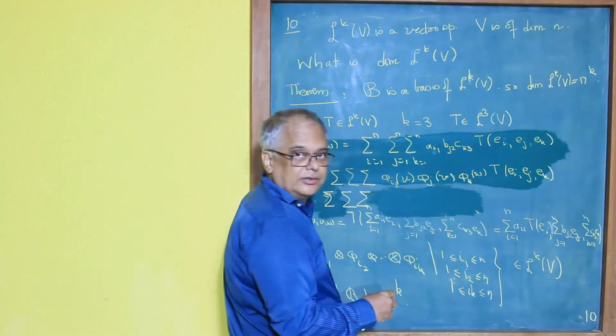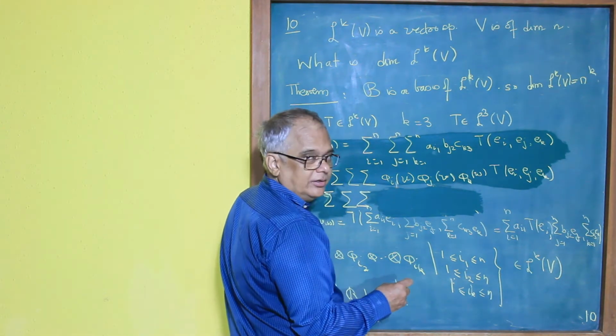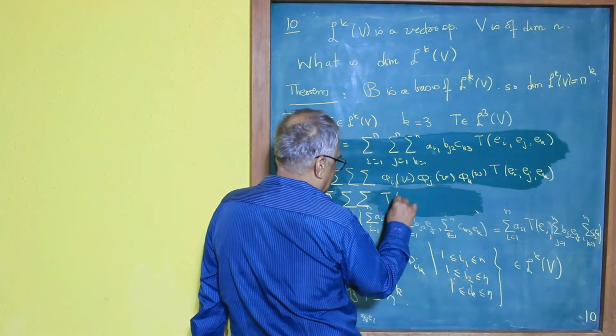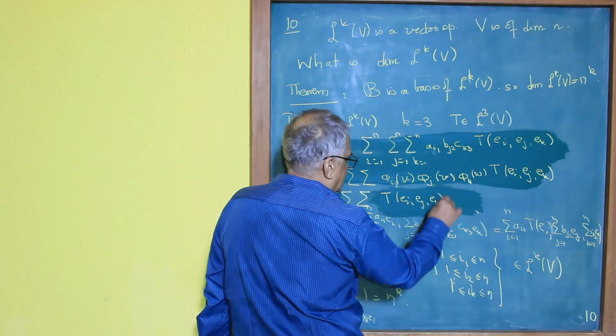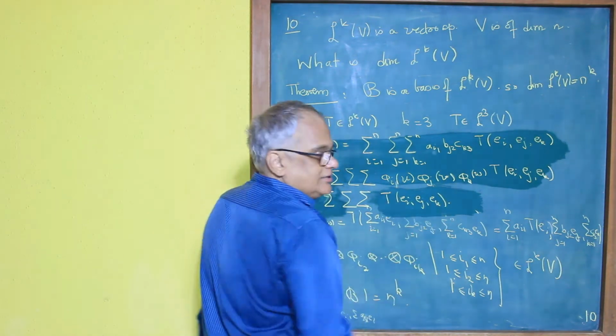This is a scalar. T(e_i, e_j, e_k) is a scalar. What is this?